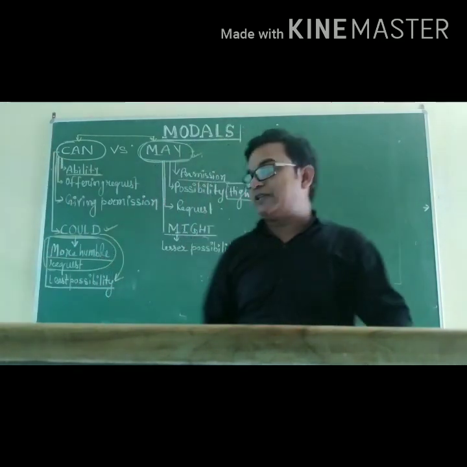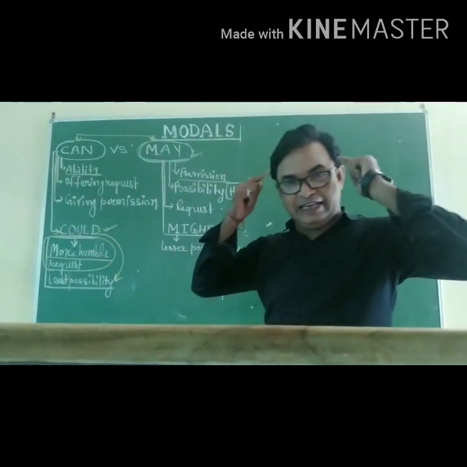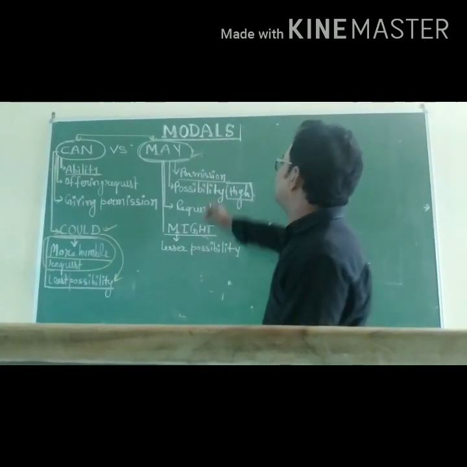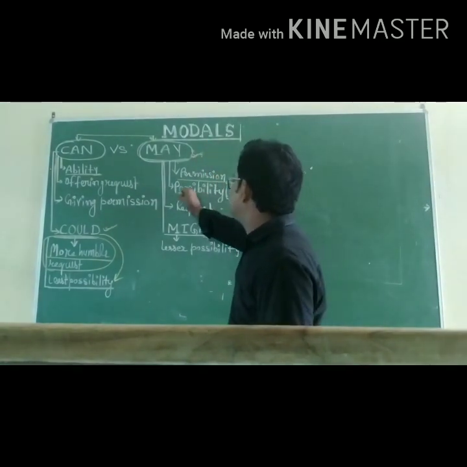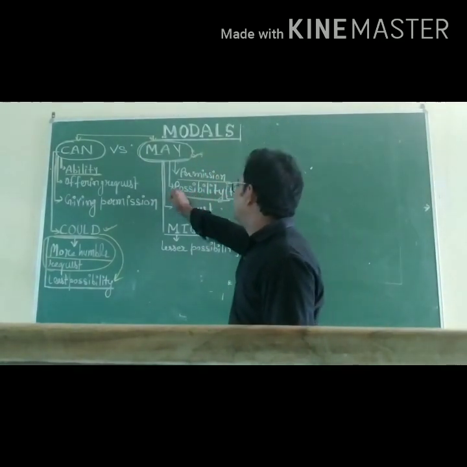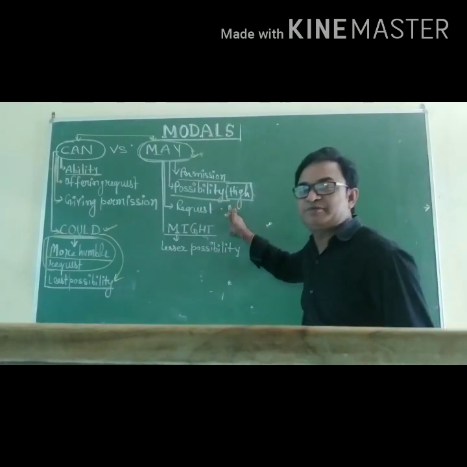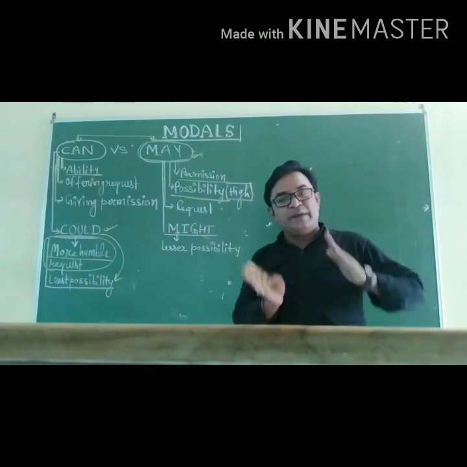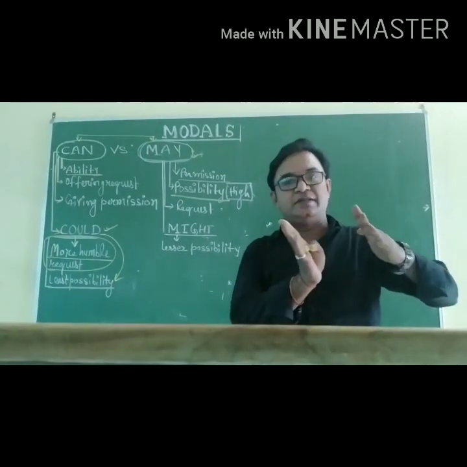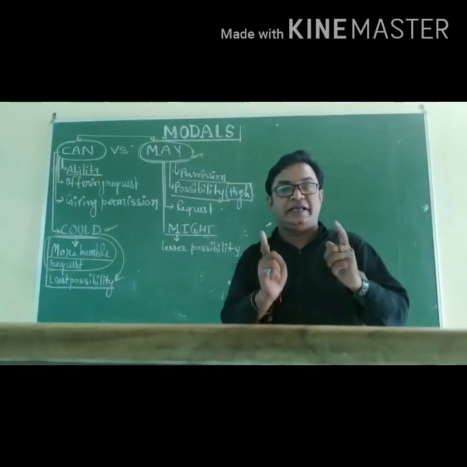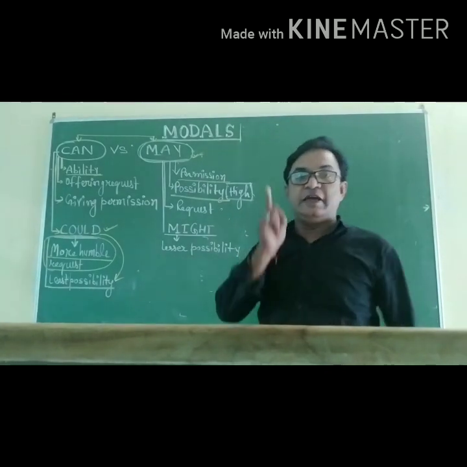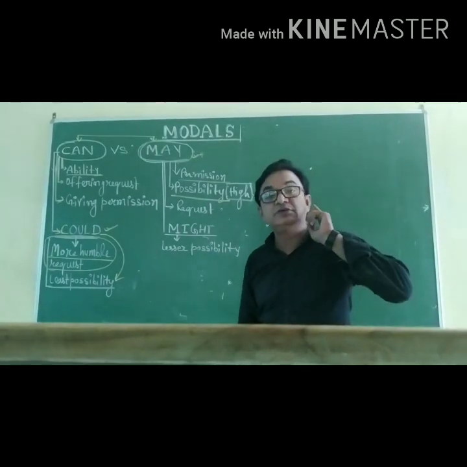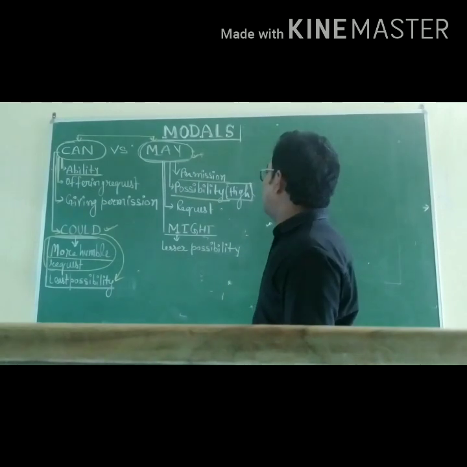When we talk about possibility, the first thing that comes to mind is that we use may for possibility. Just beside this possibility, you are finding that high is written. When the possibility of anything occurring is very high, we use may.